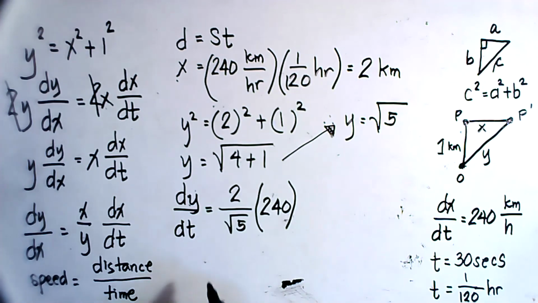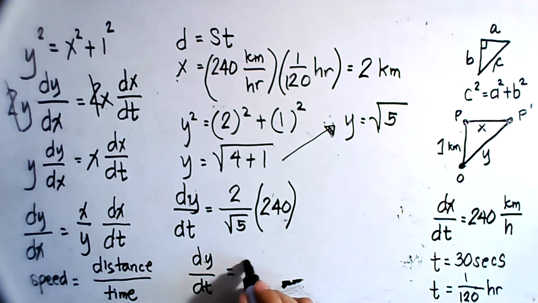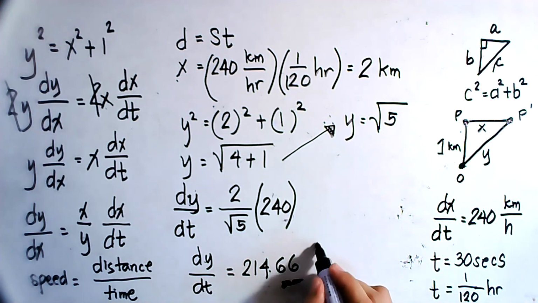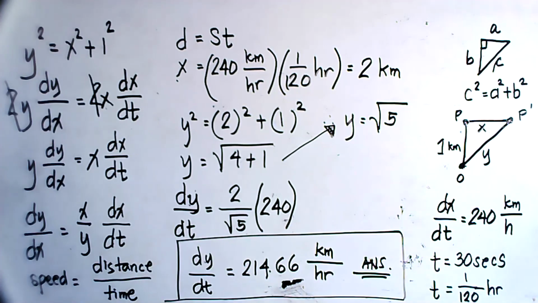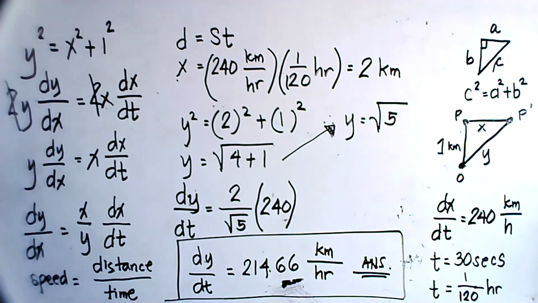Then that would mean dy/dt is equal to 214.66 kilometers per hour. And this will be our answer to the problem. The answer is 214.66 kilometers per hour.